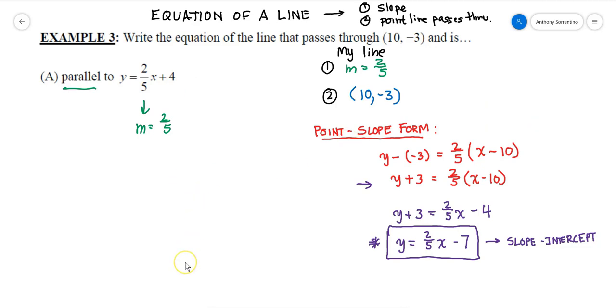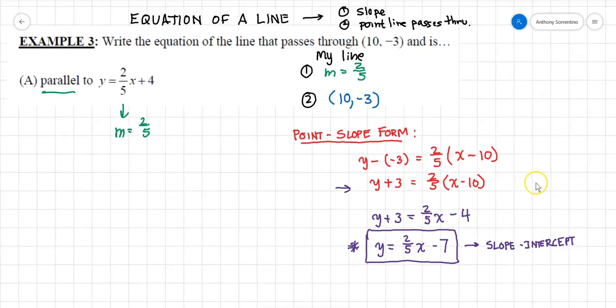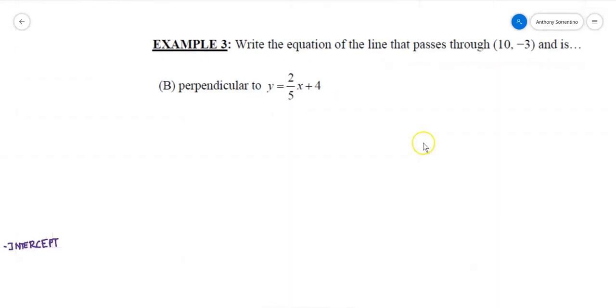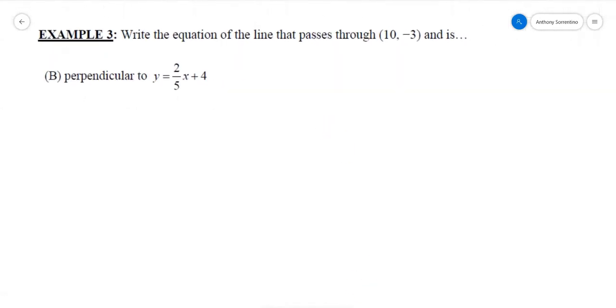Part B is really almost the same problem, except instead of being parallel to y = 2/5 x + 4, it's now supposed to be perpendicular to that line.